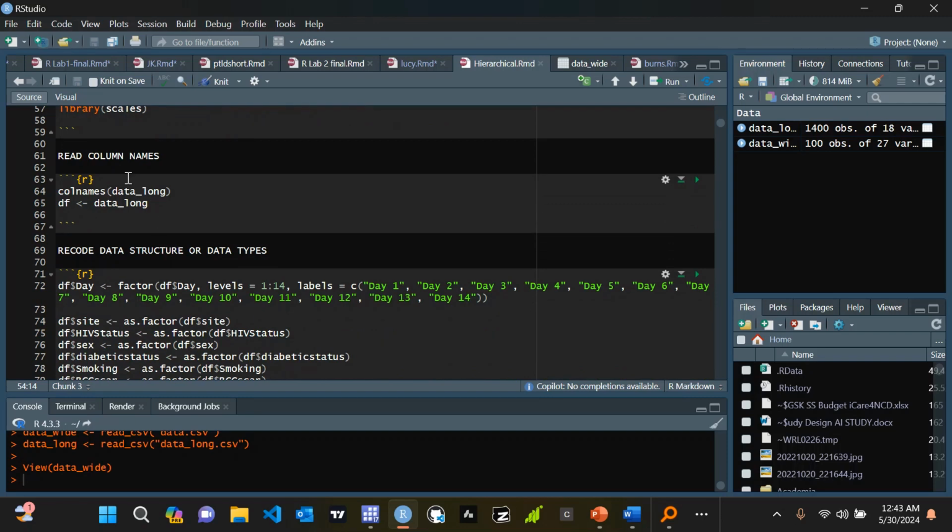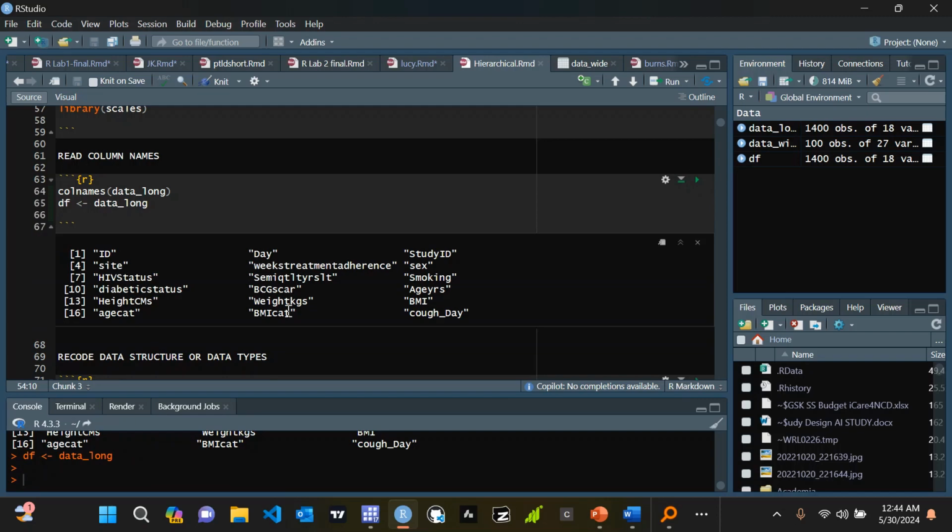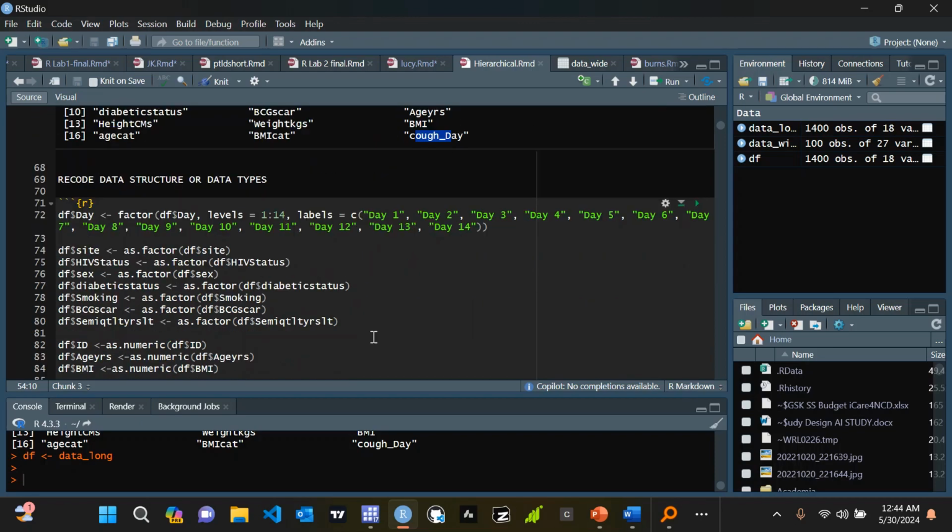So since we have already loaded our data, let's read the columns. We have this simple data set. We have the ID, study site, HIV status. Day is from day 1 up to day 14. Cough day is the cough frequency. Those are our main variables. So we can start by looking at our main variables.